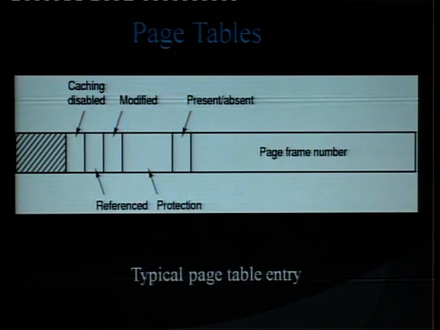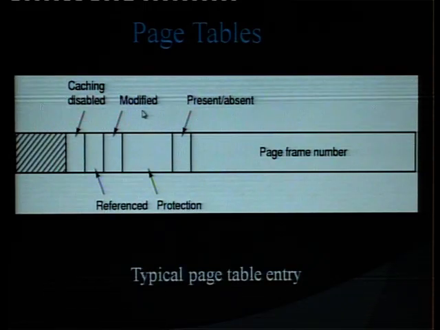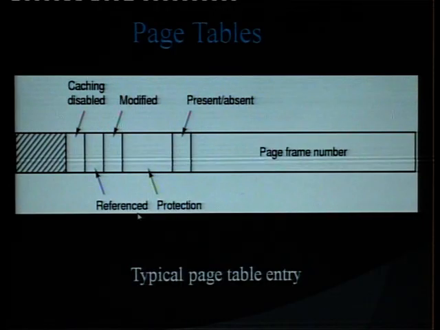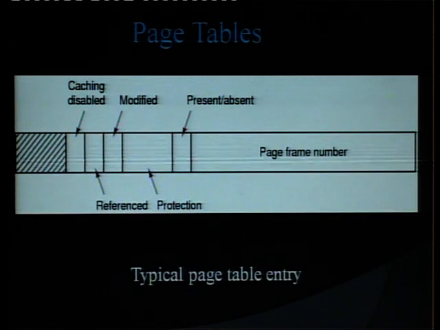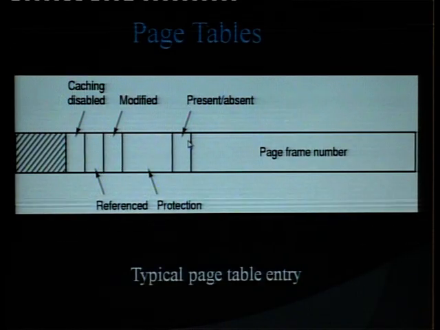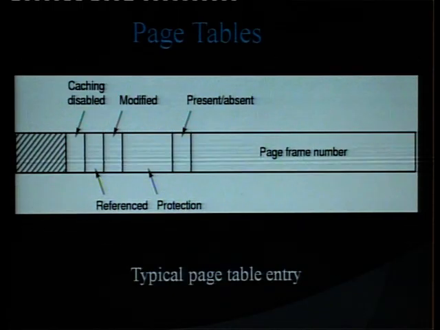So we have entries like caching disable, modified if any process modifies a page, referenced if there is any reference with another page table, and protection, which means the page is valid or not valid. Present or absent means the page is present in cache or not. The page frame number is actually used to trace a physical address.